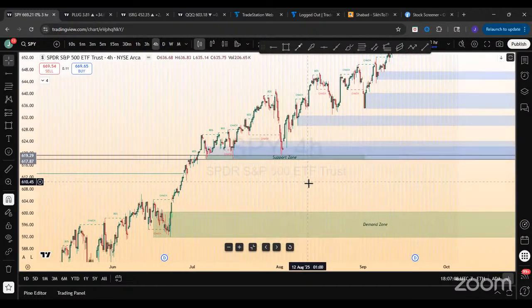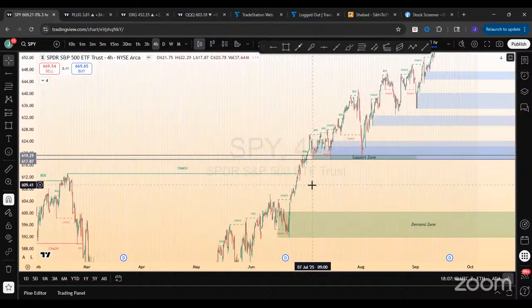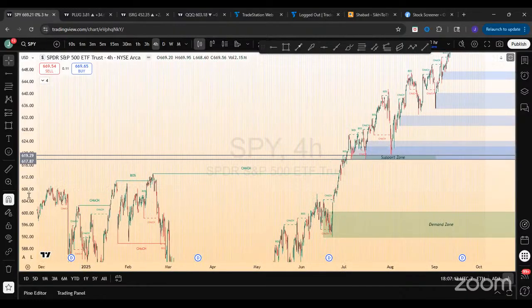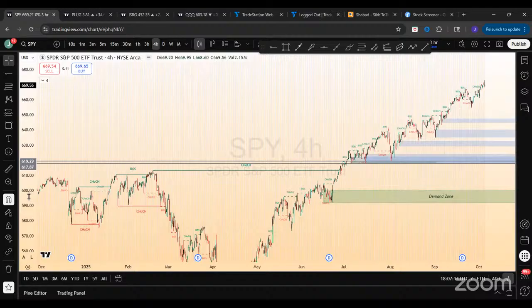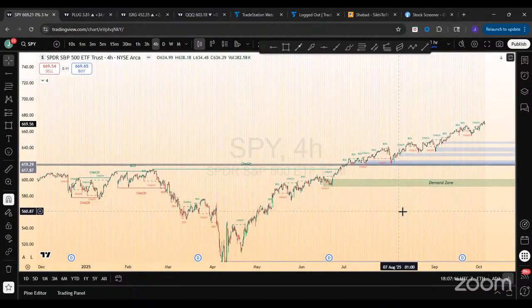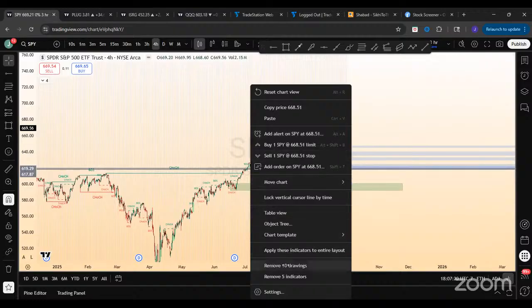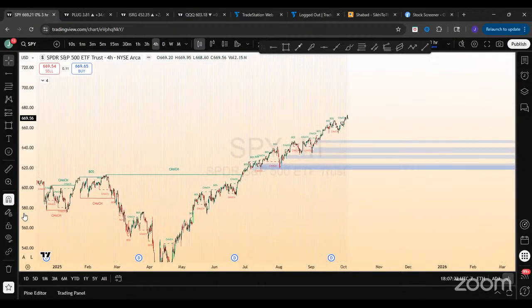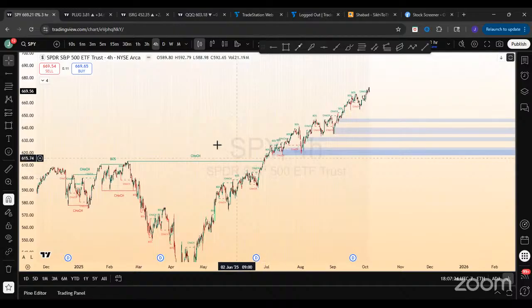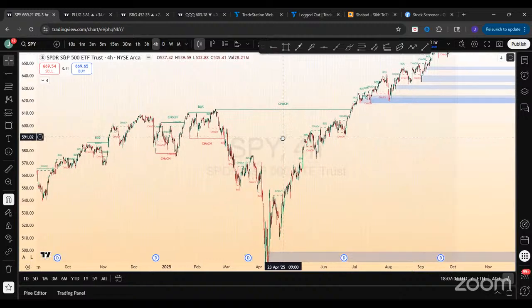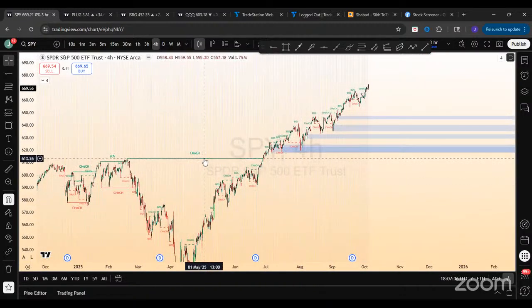So what we just learned from the previous session is looking at the swing structure. When we look at this, delete everything else. So we saw that at the end of June, we got a swing change of character.